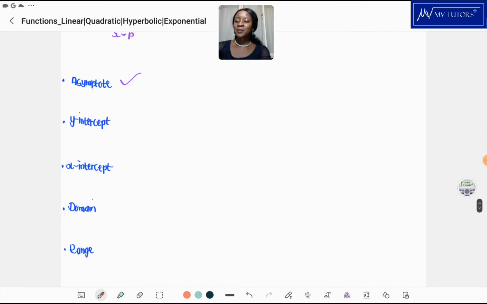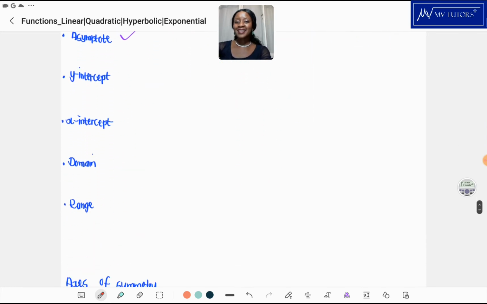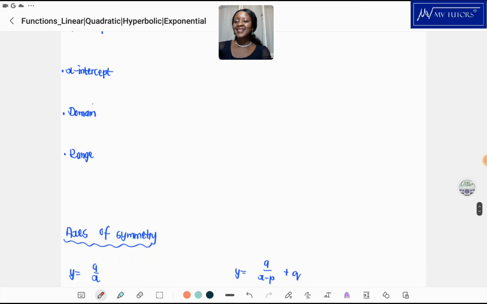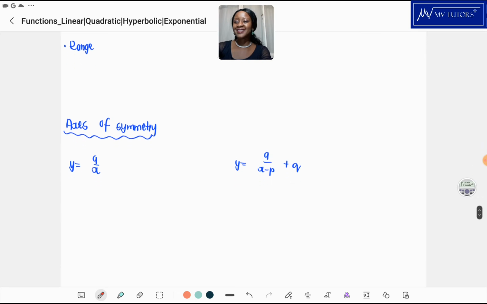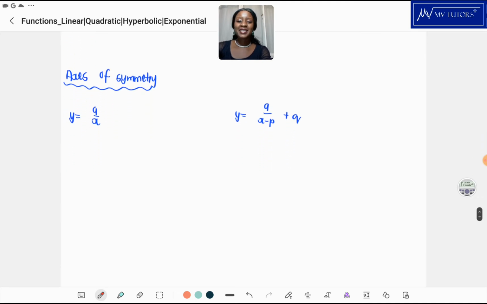So that's basically that. We've dealt with the domain, the range, the intercepts, and the asymptote. Now let's talk about the axis of symmetry. I've actually plotted it, but just a reminder, when we have the normal function, the normal hyperbola, getting the axis of symmetry is actually very easy.